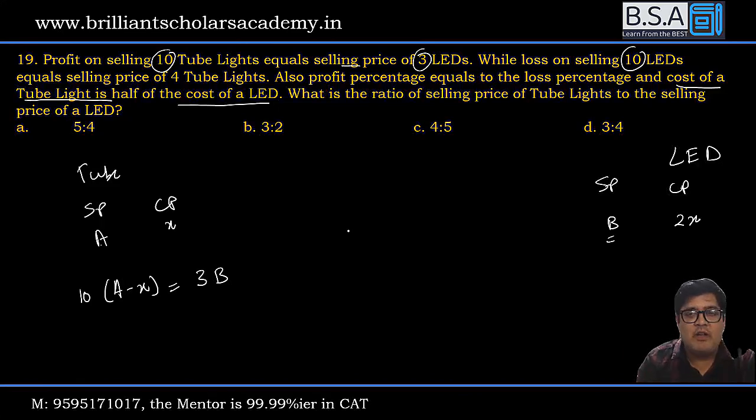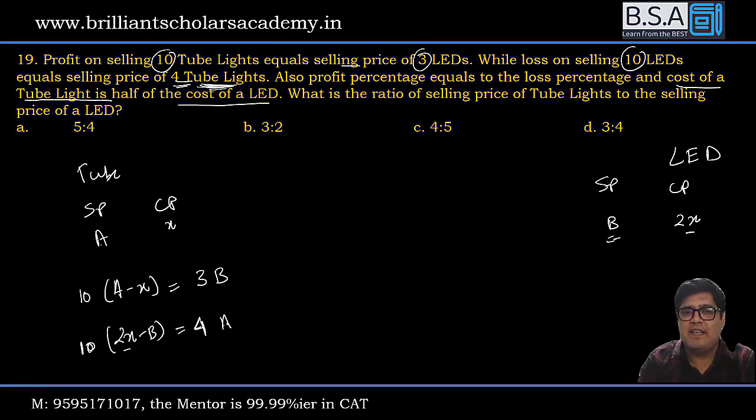When do we have a loss? When cost price is more than selling price. 2x minus b is loss on one LED. Cost price of one LED, 2x. Selling price of one LED, b. So here it will be 10, that will be equal to 4 times the tube light selling price.